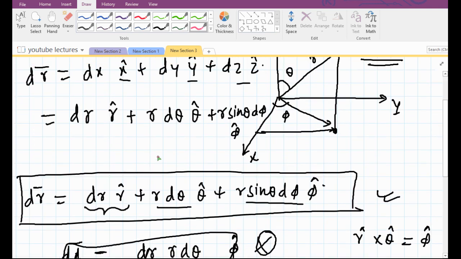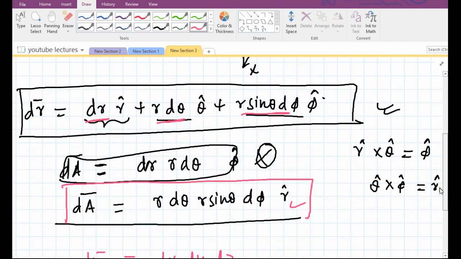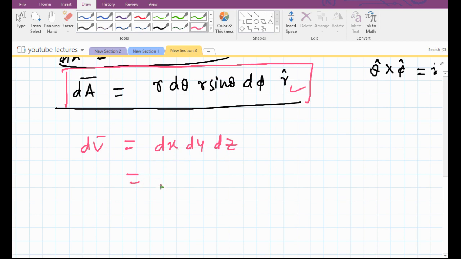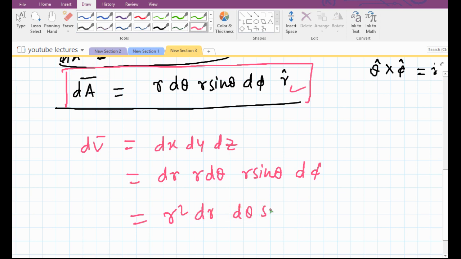The dx component gives you dr, dy component gives you r d theta, and dz component gives you r sin theta d phi. Multiplying everything, dr r d theta r sin theta d phi, you get r squared dr d theta sin theta d phi.